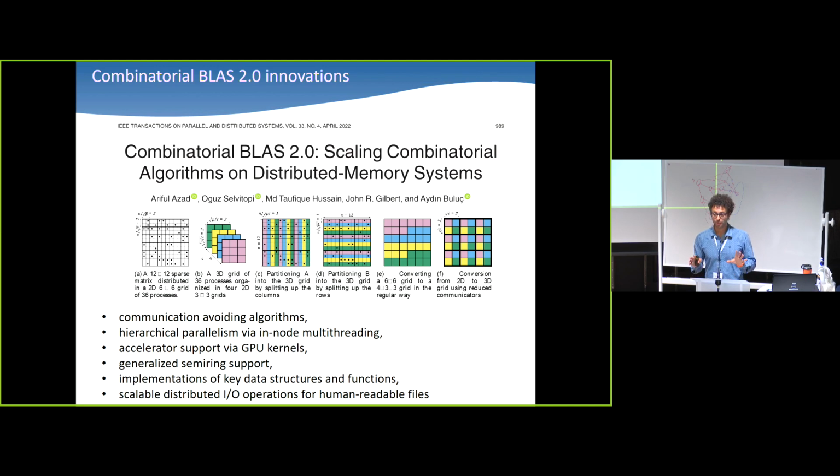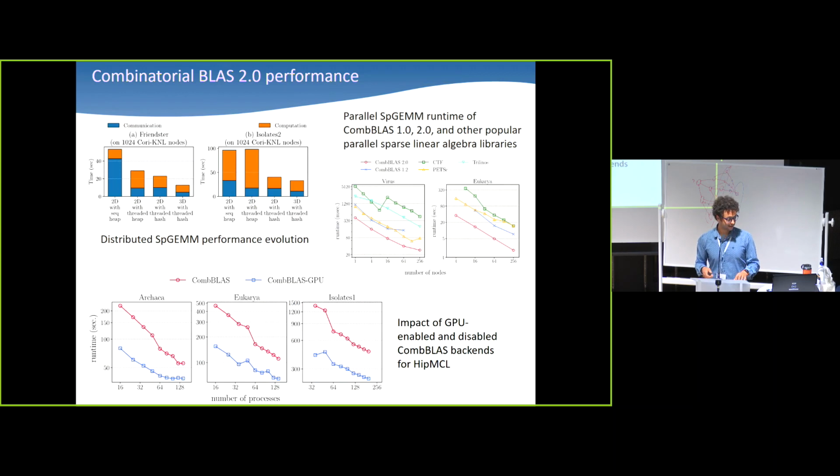This is for distributed memory, and it runs on effectively all the supercomputers we tested, has good I/O support, it supports CPUs, GPUs, and since we developed version 1, you can actually compare how much we came. The original CombBlast, for example, is the blue line. Now we're at the red line.